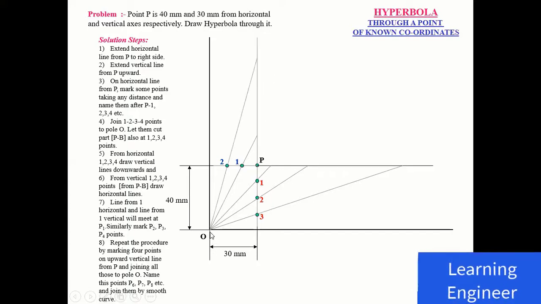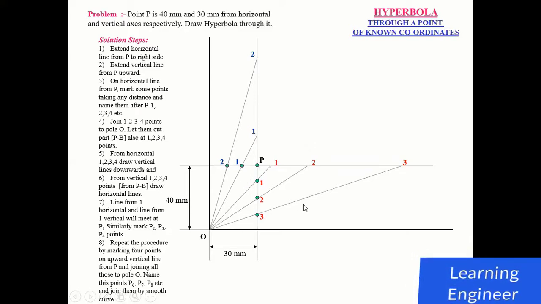Similarly, a line from the origin through this point 2 up to this vertical line. Now we will name these 1, 2, 3 as the naming has been done over here, and again 1 and 2 as the naming has been done over here.